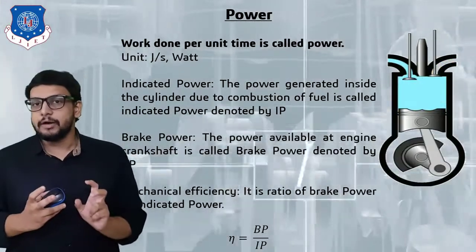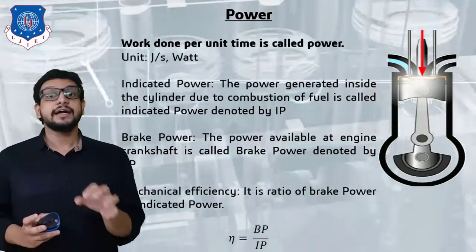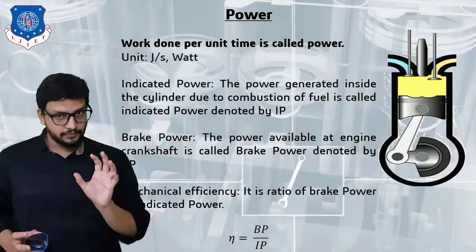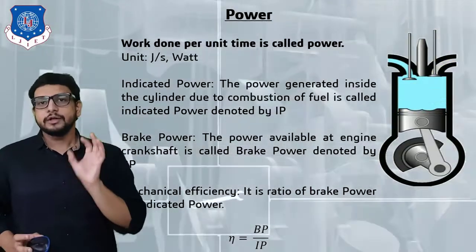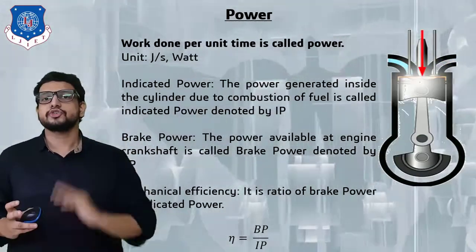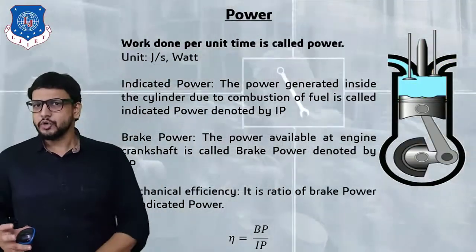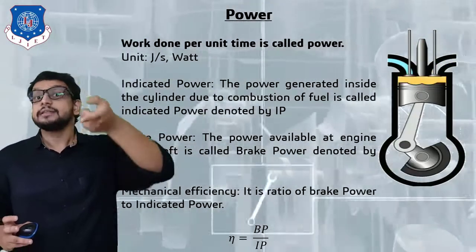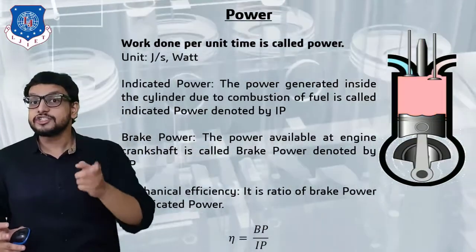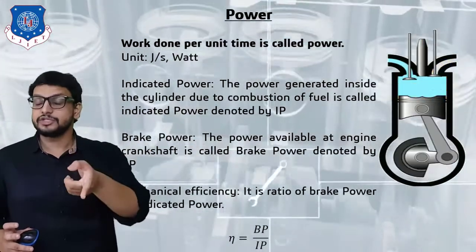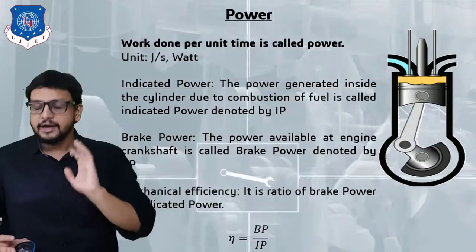Now what is indicated power? Both these terms are related to the internal combustion engine. I am just giving an overview that an IC engine has certain strokes. Let's take an example of a 4-stroke engine. It has a suction stroke, then a compression stroke, then comes a power stroke, during which combustion of petrol or diesel takes place.